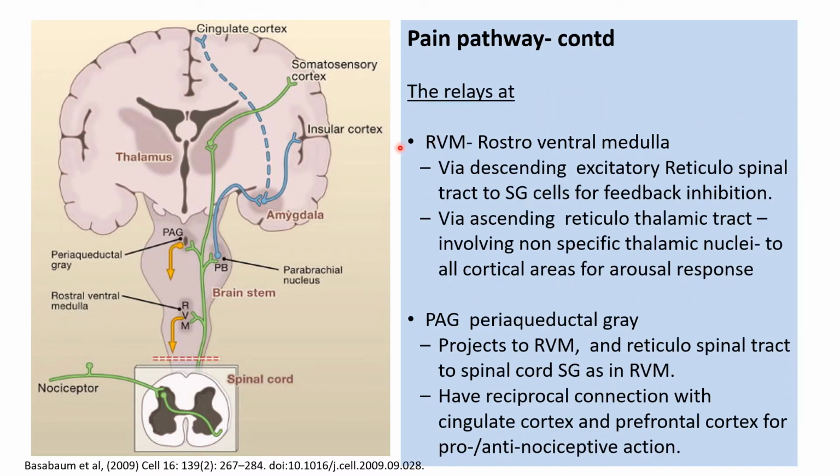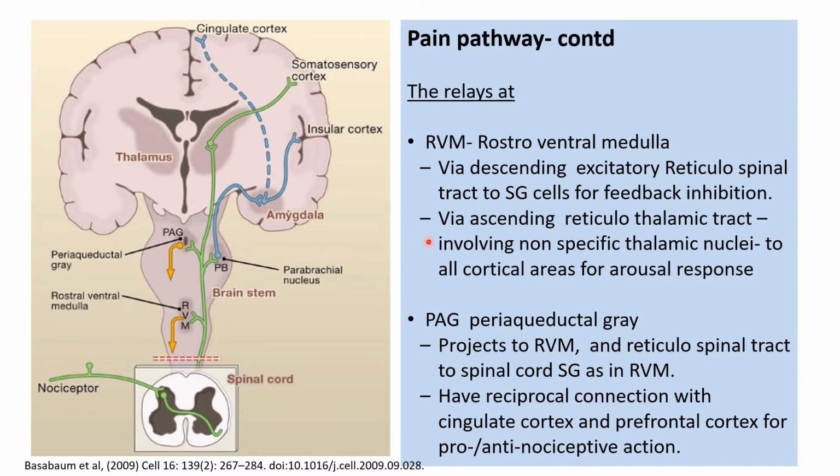Collaterals given in the rostroventral medulla on the way of the lateral spinothalamic tract give feedback inhibitory signals to the substantia gelatinosa cells to inhibit the pain transmission. This is the component.